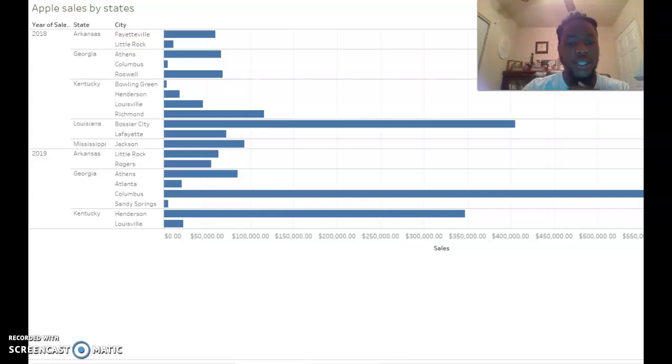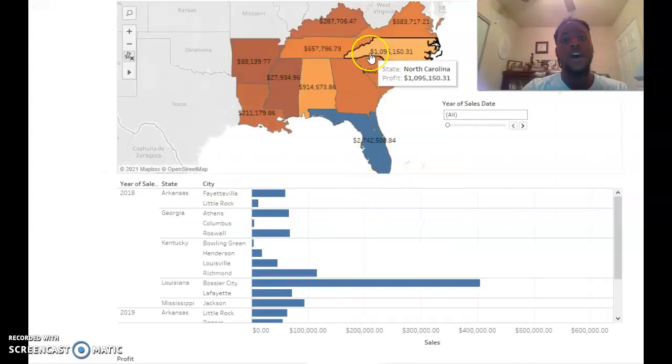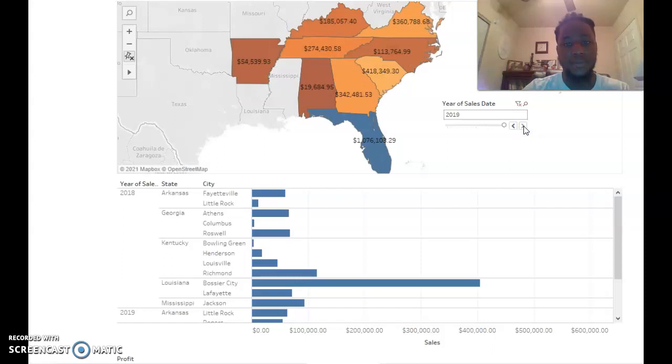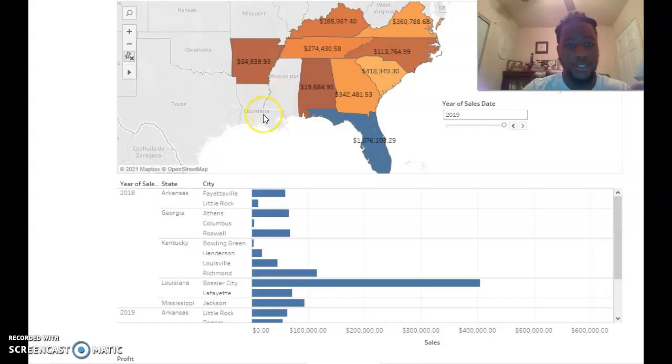So what I did was, in our dashboard here, we have our overall sales. This is all of our profit. The dashboard I made interactive so you can see from the 2018 profit to 2019. Now, as you see, once we go from 2018, sales go down, but they go down so much that they don't even show up in areas like Mississippi and Louisiana.